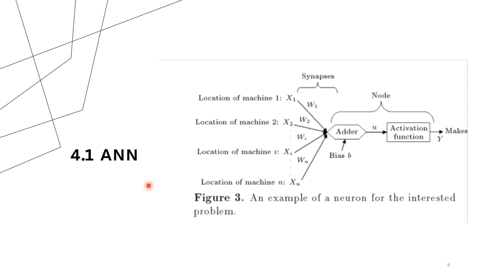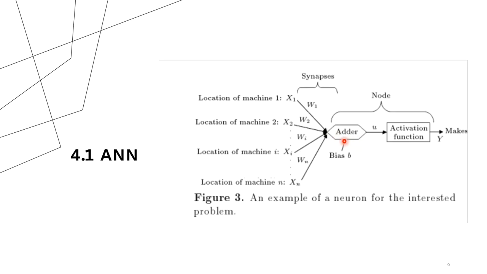Let's talk about ANN techniques. As you can see from figure 3, the inputs of the ANN method are the location of the machines and transporter allocations. For example, machines 1 and 2 are in locations 3 and 1 respectively. Corresponding to the machines, transporter number 1 will be allocated there.